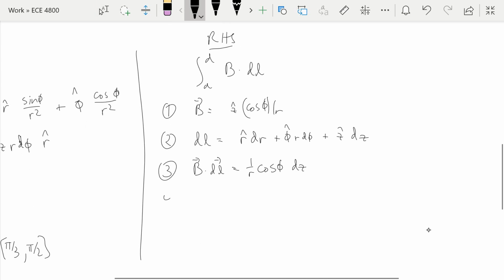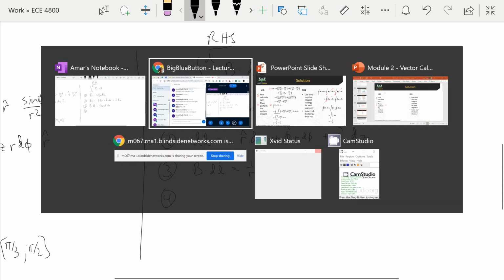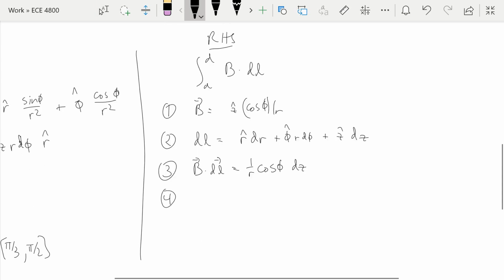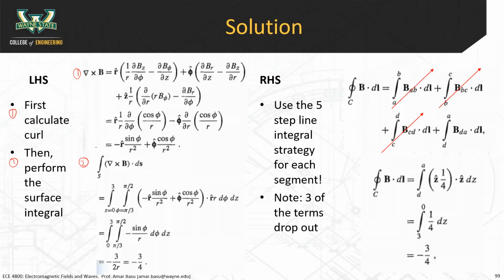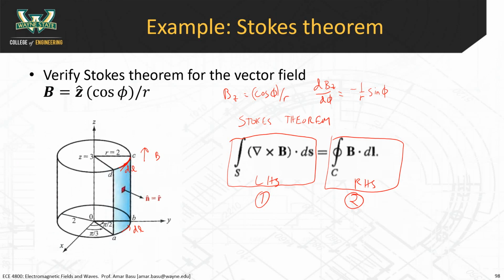Okay, step 4, the limits of integration. This is where we need to look geometrically at which part of the line we're on right now. We're looking at the line going from D to A, on this left side of the contour.